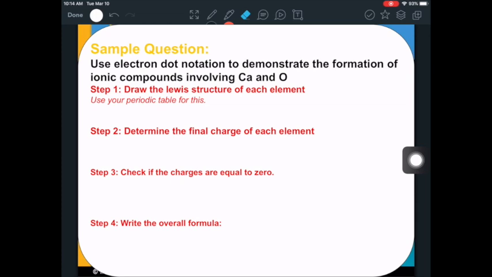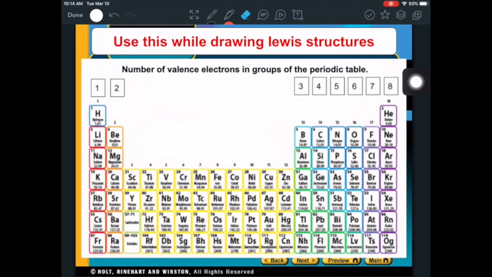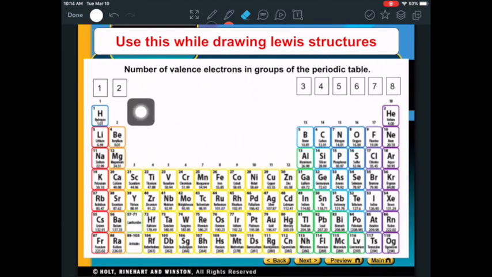So let's do this. The first thing we're going to do is find the Lewis structures of each of our elements. The question here asks, use electron dot notation to demonstrate the formation of ionic compounds involving calcium and oxygen. So I'm going to go back here. I'm going to find calcium. Calcium has 2 valence electrons.